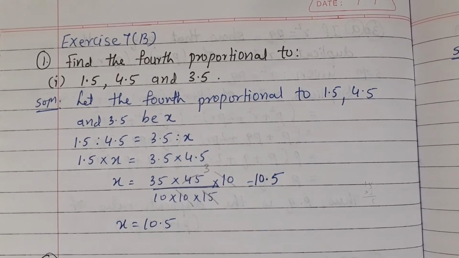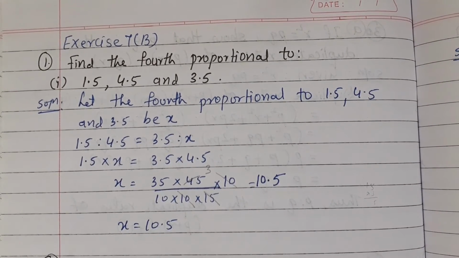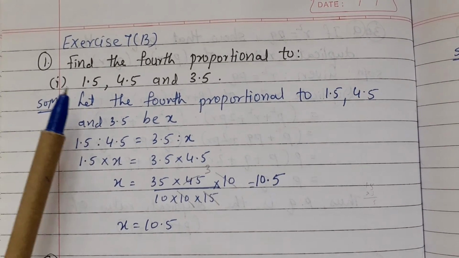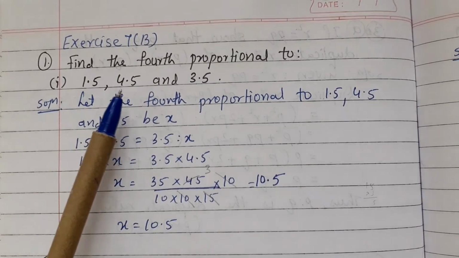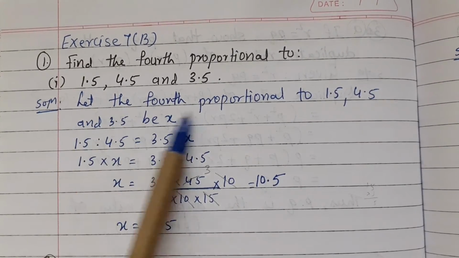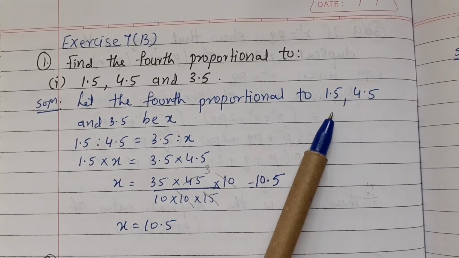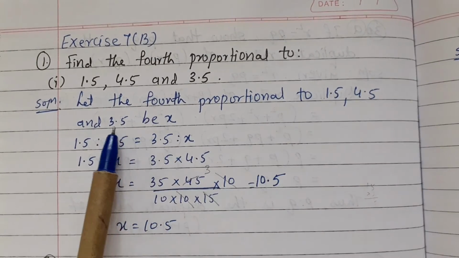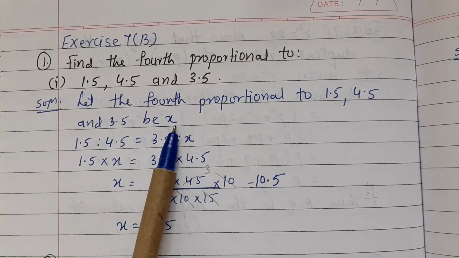Exercise 7B. Find the fourth proportional to 1.5, 4.5 and 3.5. Let the fourth proportional to 1.5, 4.5 and 3.5 be x.